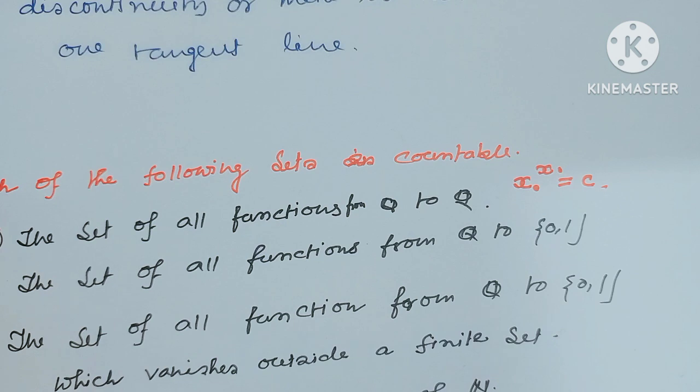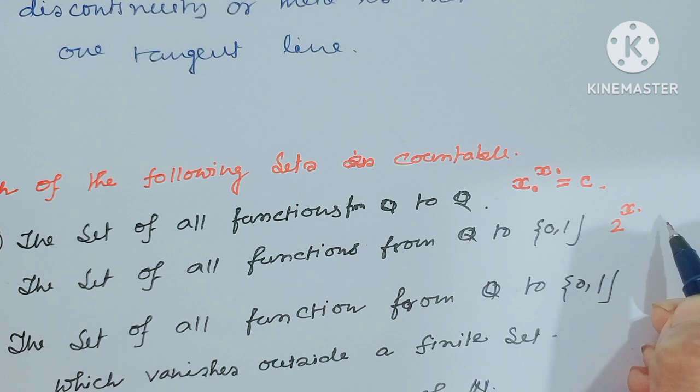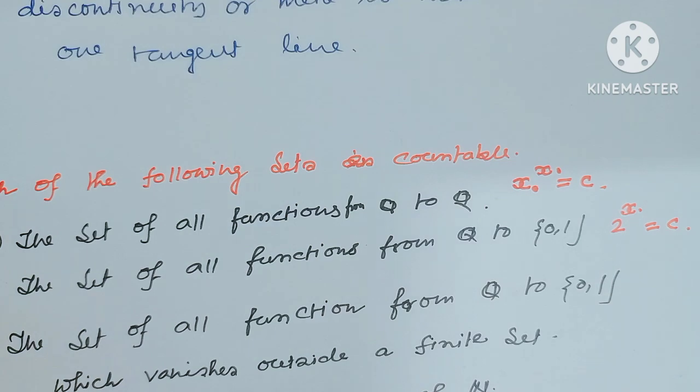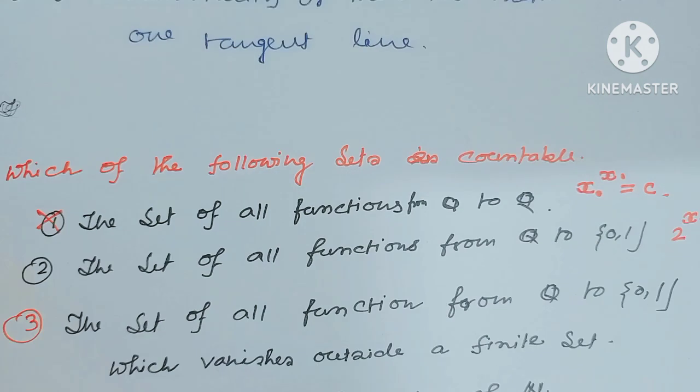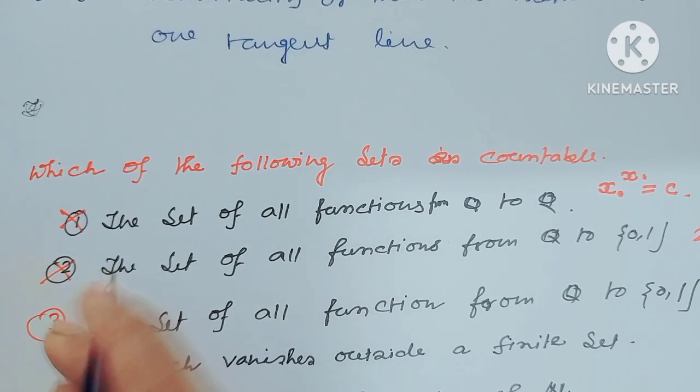The set of all functions from Q to {0,1}. This is 2 to the power aleph naught, which is also the continuum C. So this is also a wrong option.